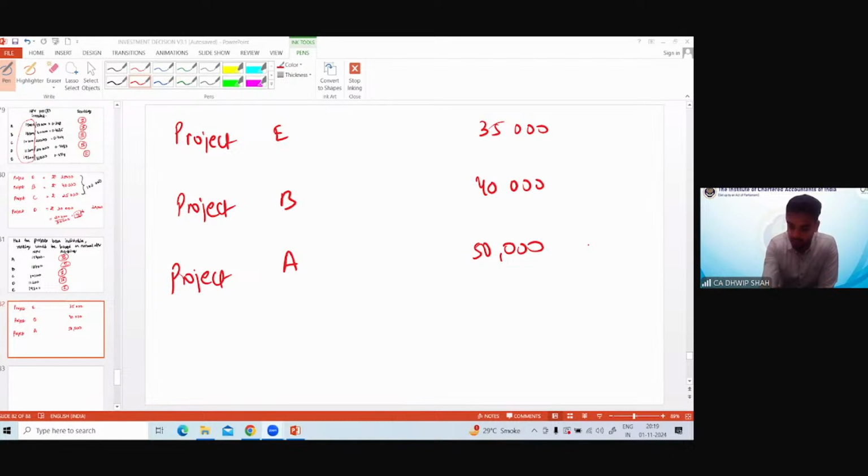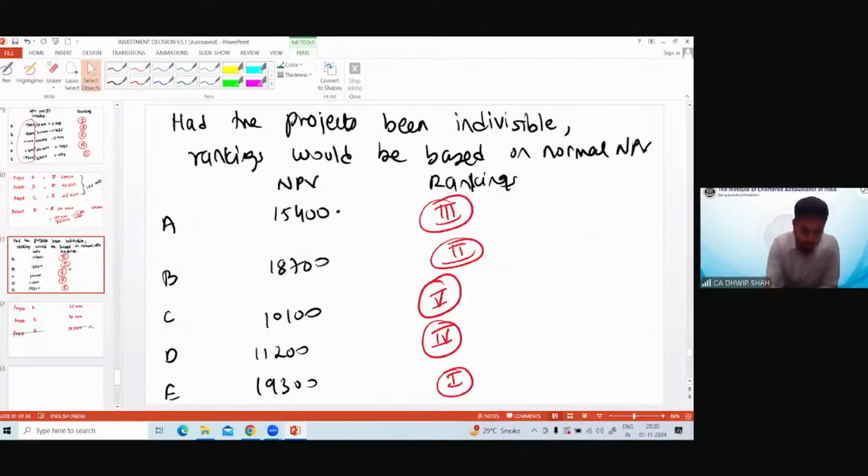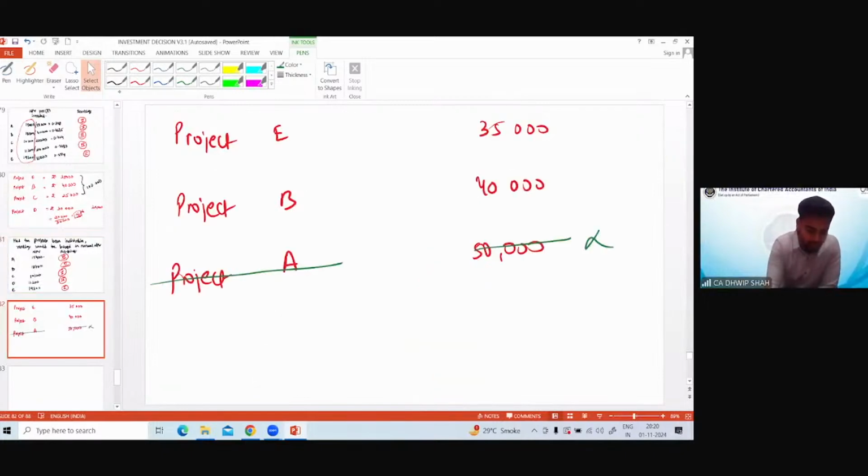Obviously not, because if we take project A, then our total amount needed would be 125, but I have just 120 of funds with me. So project A, even if it is rank 3, we have to ignore. Then go for another project, the fourth ranking project, project D.